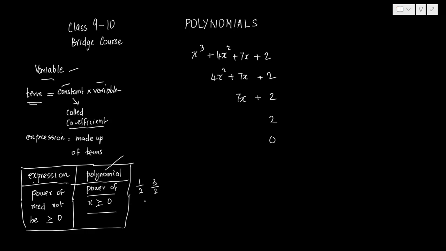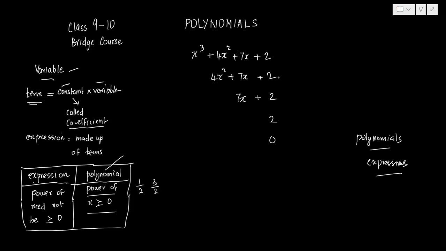It can be anything. So that is the difference between a polynomial and an expression. And while we're talking about it, all polynomials are expressions, whereas all expressions are not necessarily polynomials. Expressions can be other than polynomials. So you just have to keep that in mind.